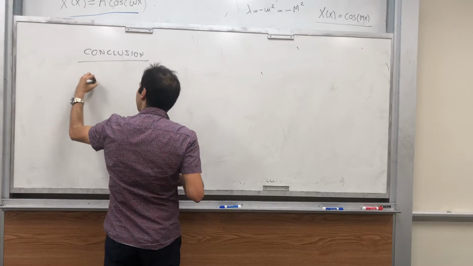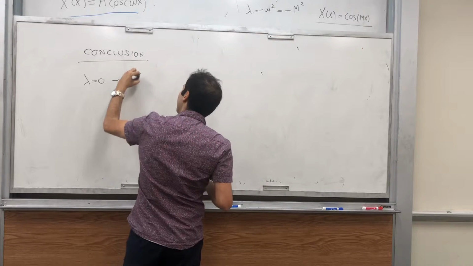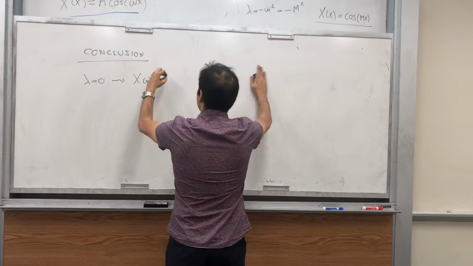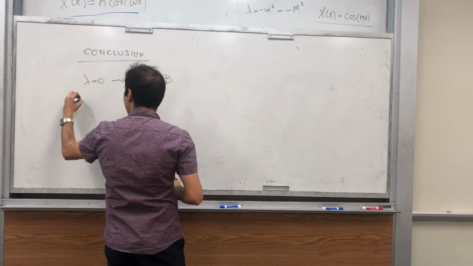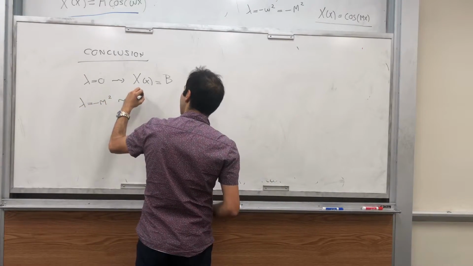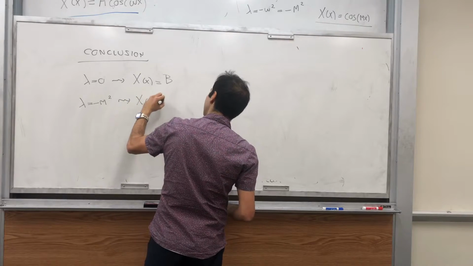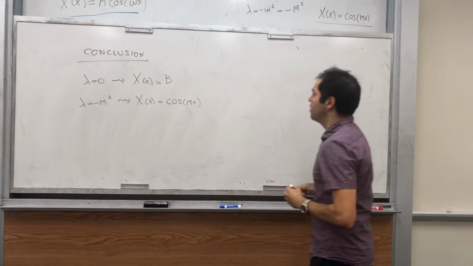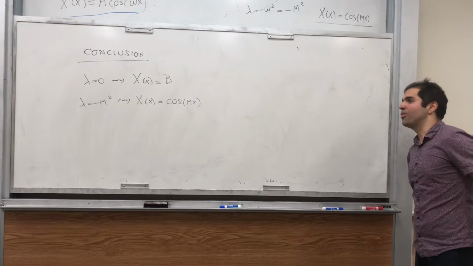Remember, we did have lambda equals 0, which gave us X of x equals b. Yeah, sure, let's call it b. And then we also had lambda is minus m squared, which gave us X of x equals cosine mx, or any multiple of this.